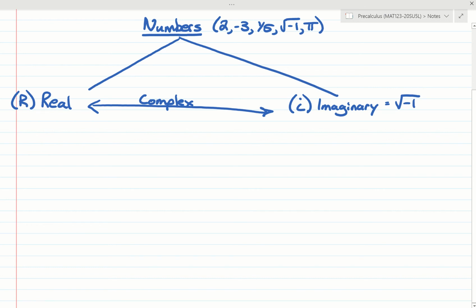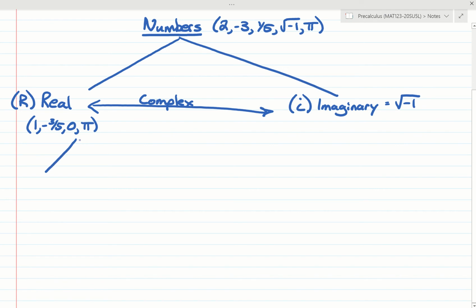So anytime you're asked to take the square root of a negative number, that's called an imaginary number, and we'll see examples later on in the course. A real number is any other number, so that would be like 1, or -3/5, or 0, or pi. Any other number that we're not taking the square root of a negative with is called a real number.